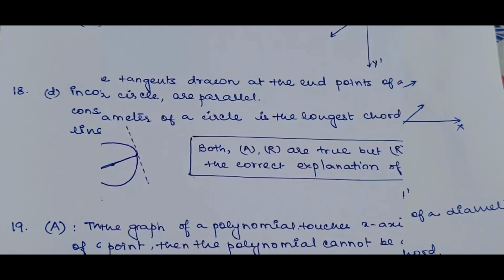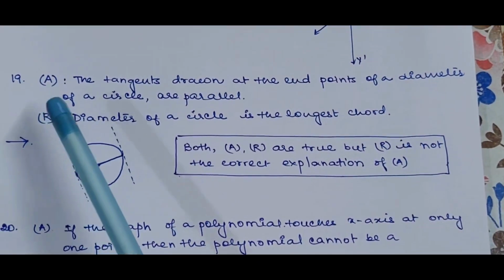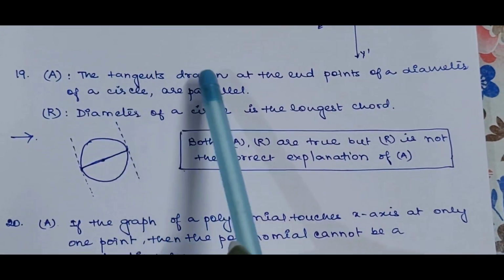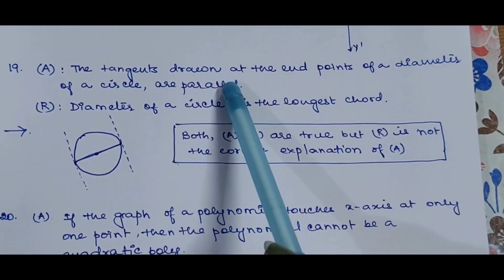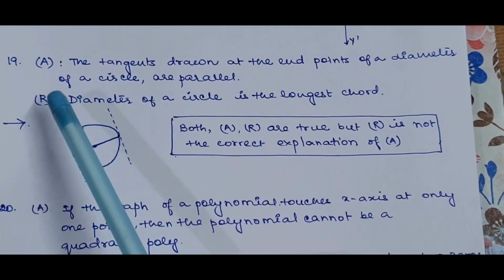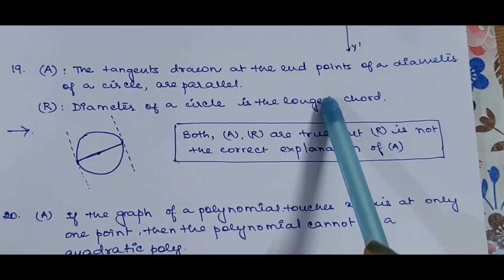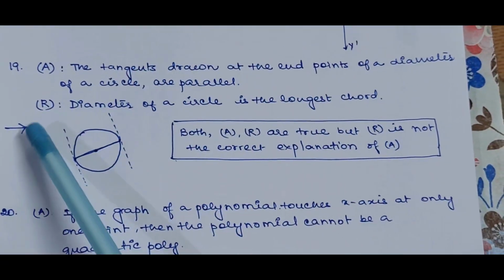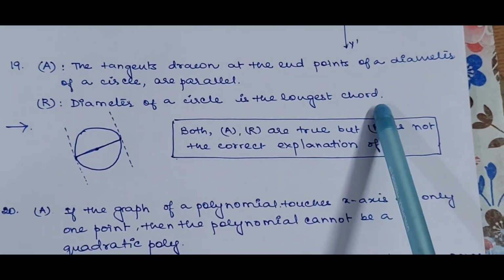Question 19. It says that A is an assertion. The assertion is the tangents drawn at the end points of a diameter of a circle are parallel. And the reason of this assertion is that the diameter of a circle is the longest chord. Now we know that the reason, the diameter of a circle is the longest chord, is true.